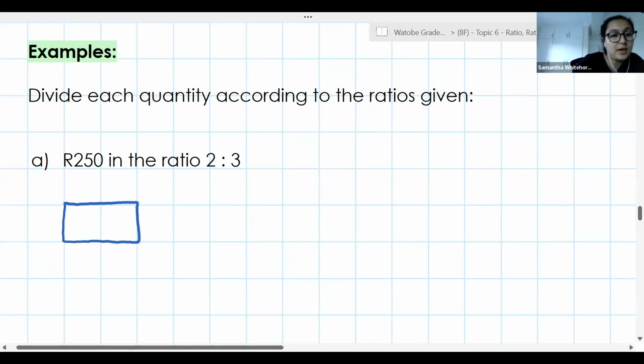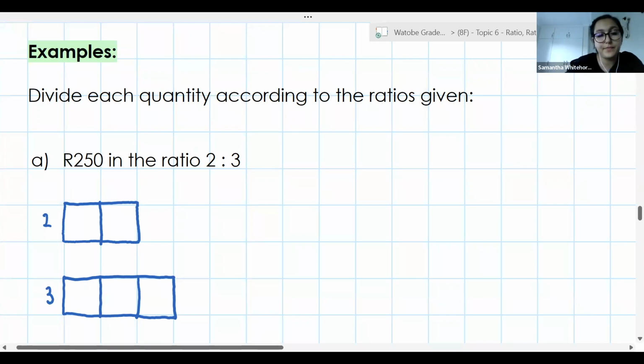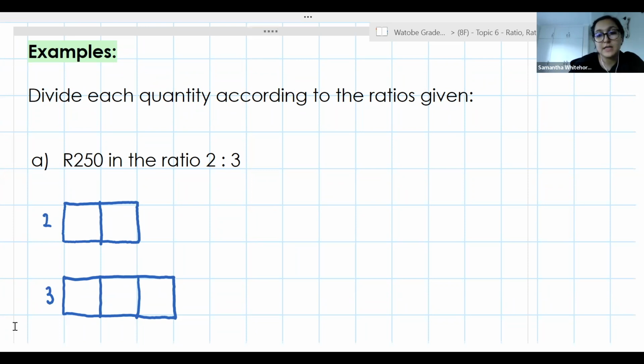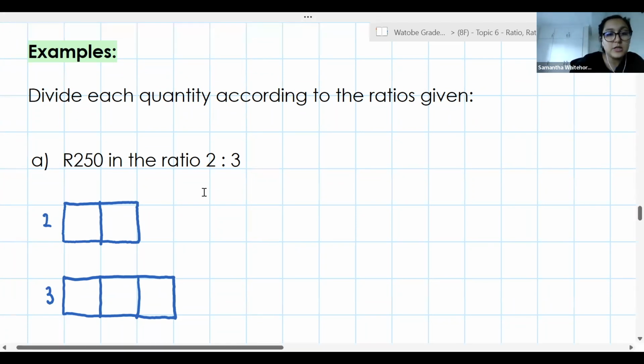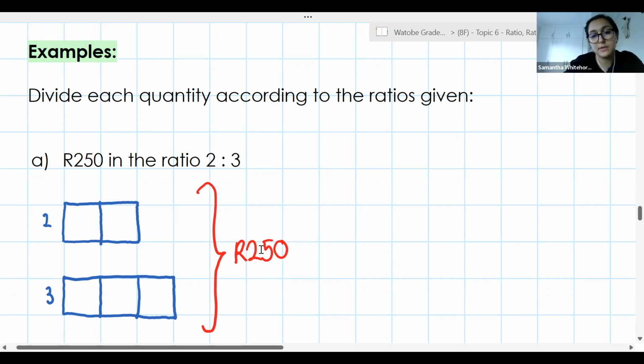So we've got 2 parts for one person, and another person is going to get 3 parts of our ratio. So there's our ratio 2:3. Now we know that we have to split 250 Rand into that ratio. So somehow I need to take 250 Rand and split it amongst those 5 blocks.